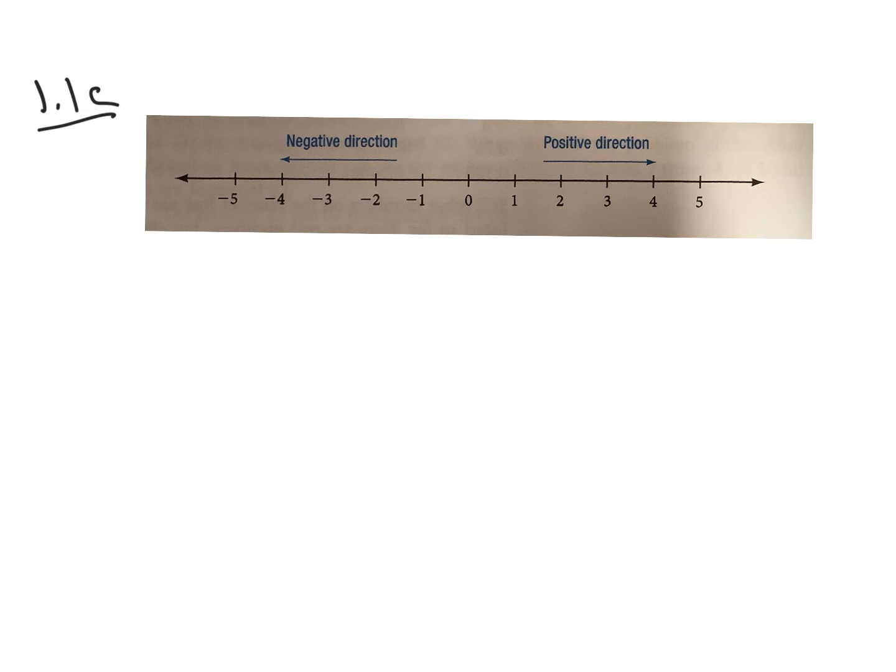Which brings us to the top of page 11, where we're talking about prime numbers and factoring. Prime numbers are numbers that nothing can be divided into except itself and 1.